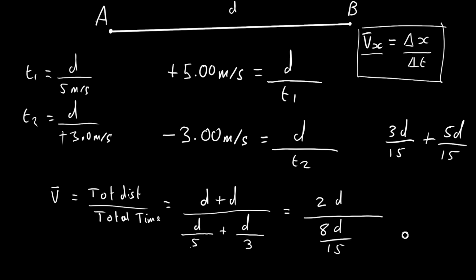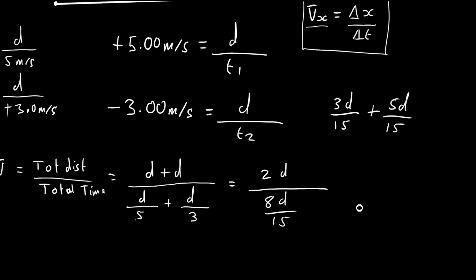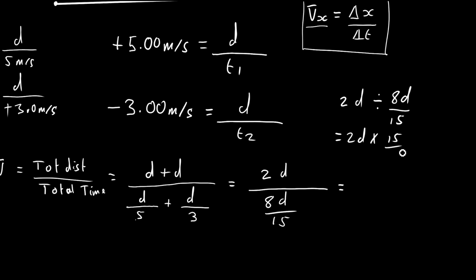And with this, we can multiply by the reciprocal when we're dividing twice like this. So what we have here is 2d divided by 8d over 15. And if we take the reciprocal, we can do 2d multiplied by 15 over 8d.